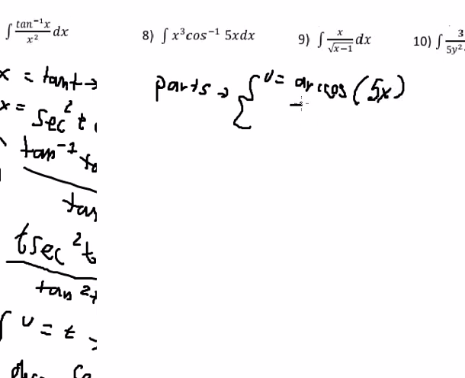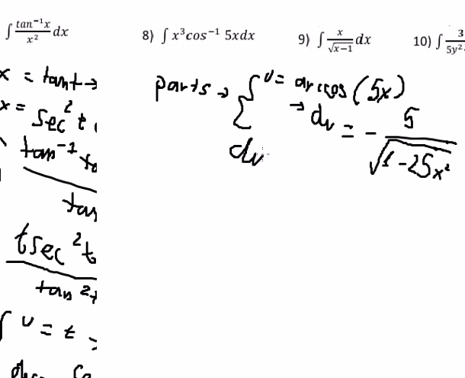If we do du, negative 5 over the square root of 1 minus 25s squared. About dv, that should be s ds. So you got v equal to s squared over 2.